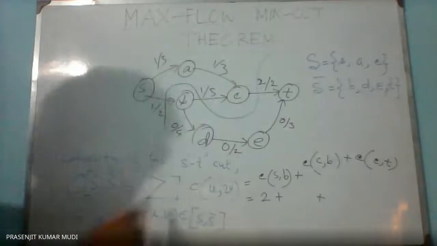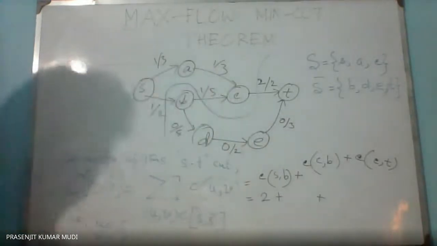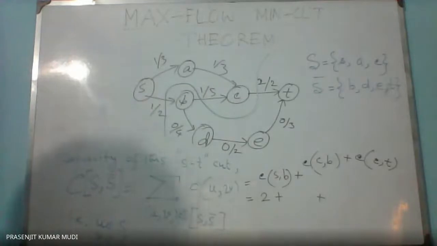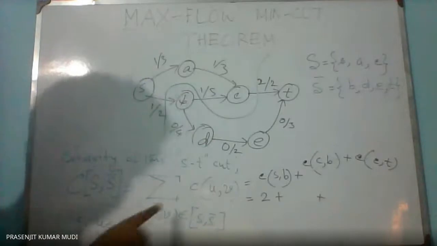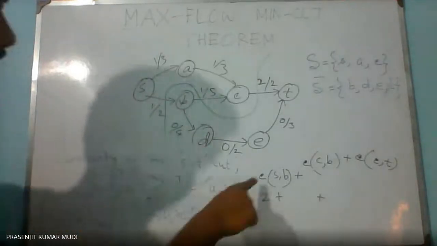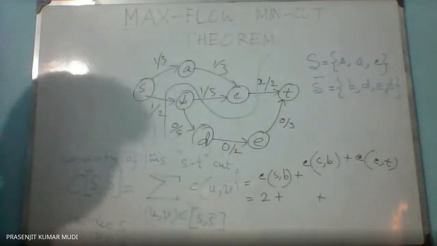It is supposed to be S comma B equal to 2 and it is 2. So it is also 1, it is also 1. Actually here the definition is given as CUV, but it is actually supposed to add up the flows. Okay, so I will double check it.